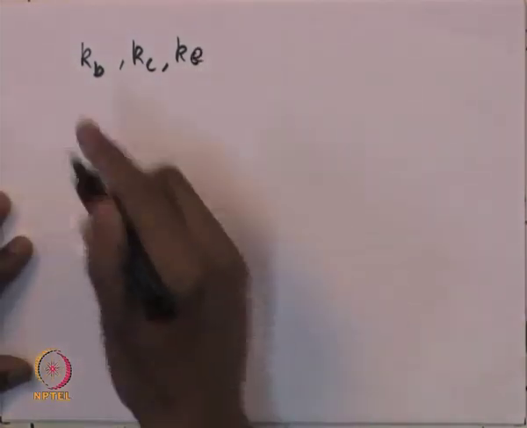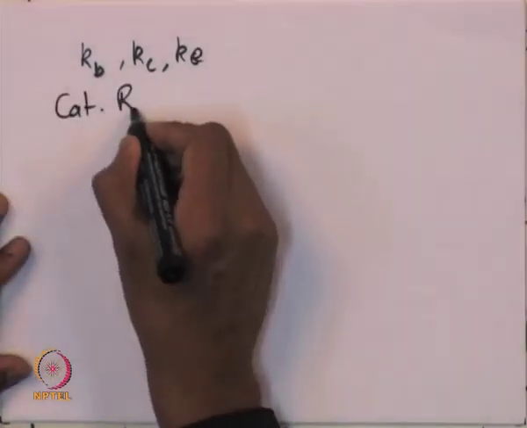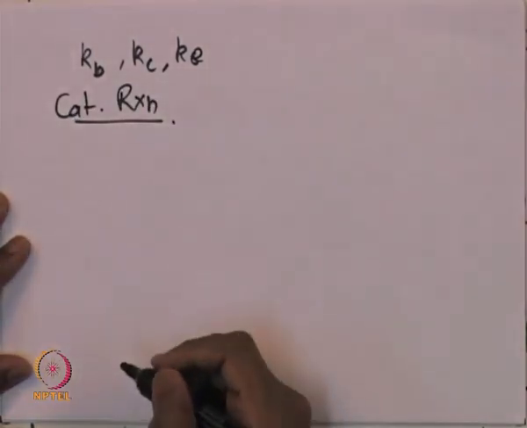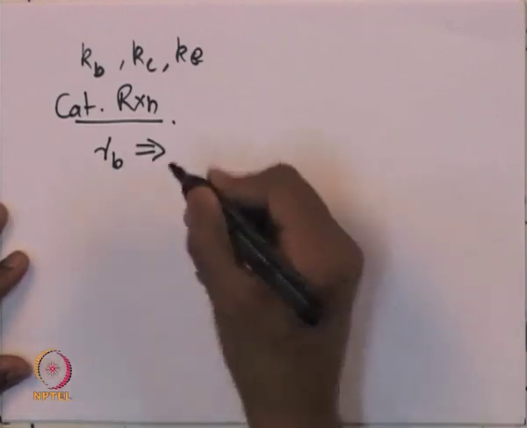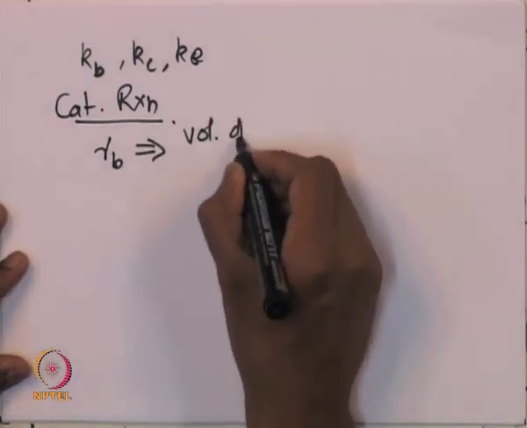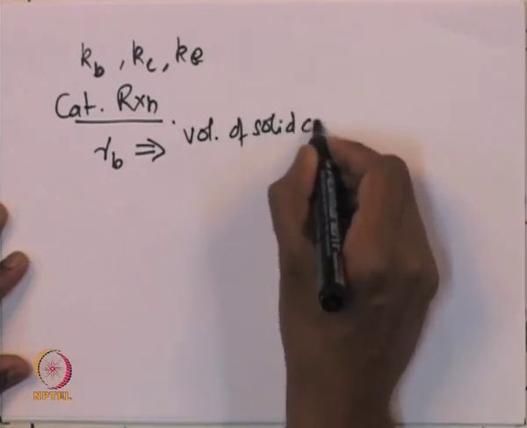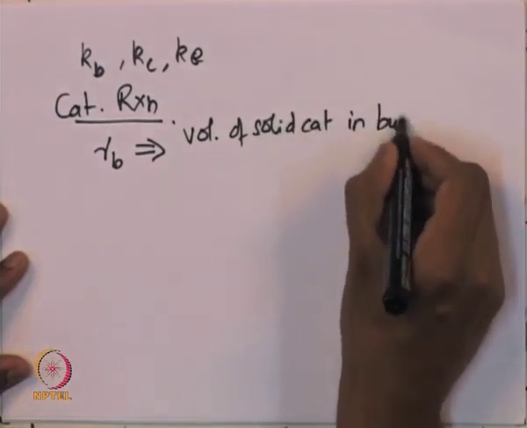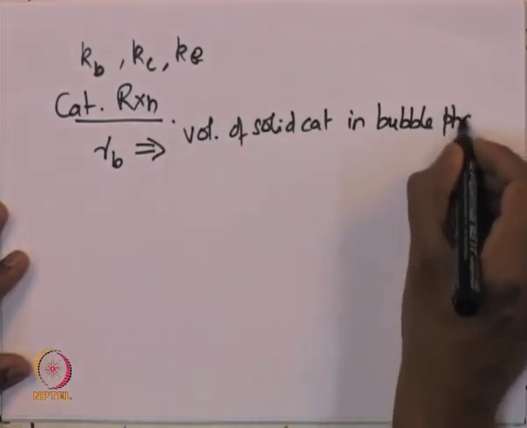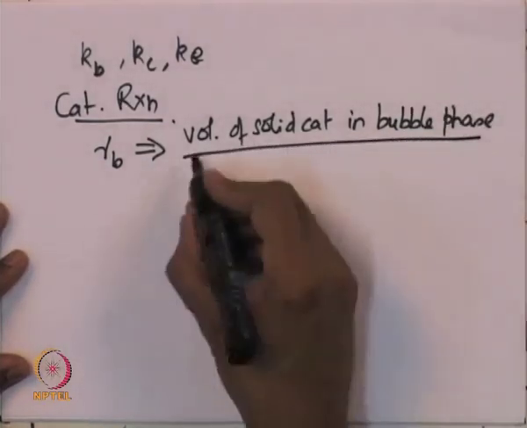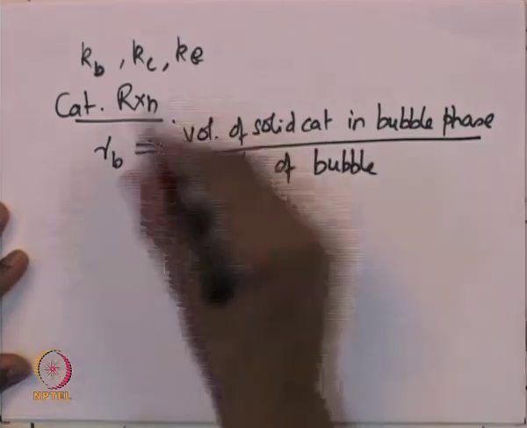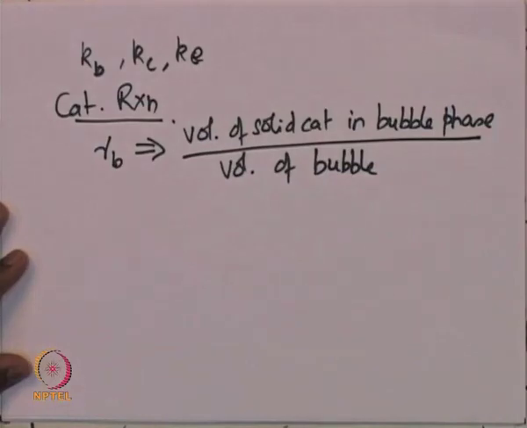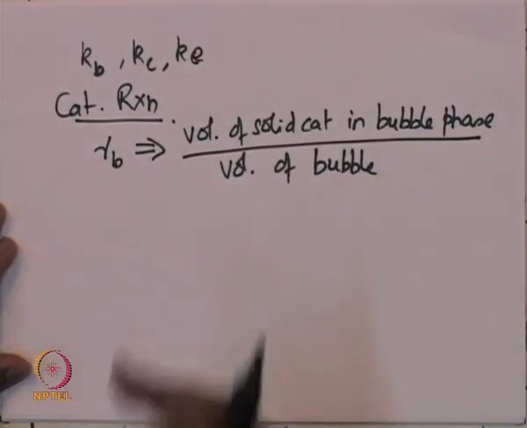Suppose gamma B is basically the ratio of the volume of solid catalyst in the bubble phase divided by the volume of the bubble. So, this provides an estimate of what fraction of the bubble volume is actually contained by the solid particles which are carried by the bubble phase.